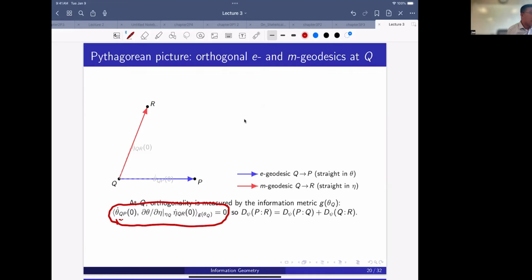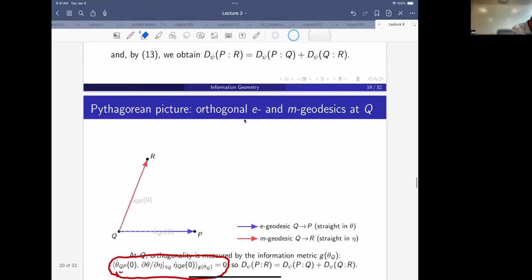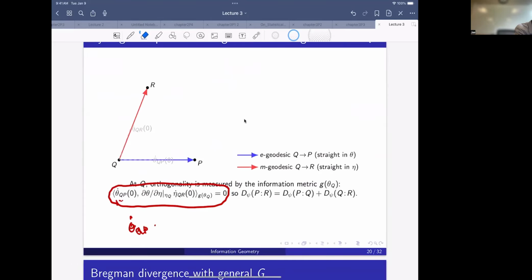But the tricky part is originally this QP is 0 and zeta dot QR is not 0.